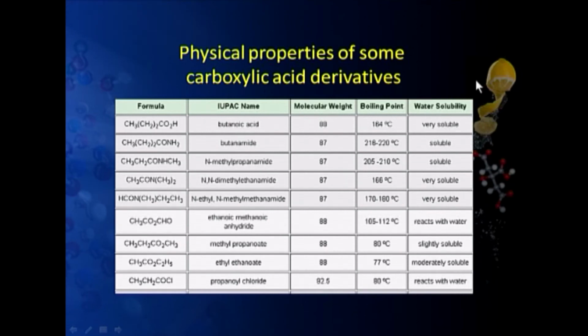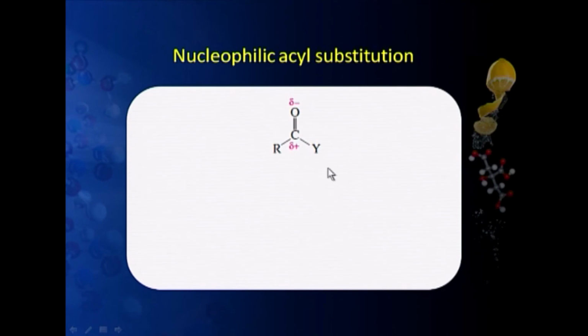Then next we talk about the type of reactions these acid derivatives undergo. We call it nucleophilic acyl substitution. You see, this is the general formula for any acid derivative. This Y represents some group that has displaced OH. Due to the polar nature of this C double bond O, that is, the higher electronegativity of oxygen, this carbonyl bond is polarized, this carbon has a delta positive charge, and any nucleophile can attack this carbon.